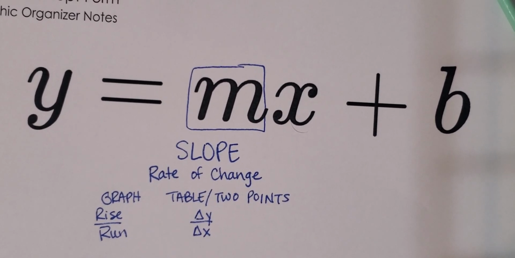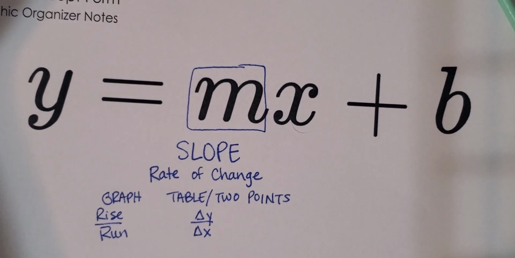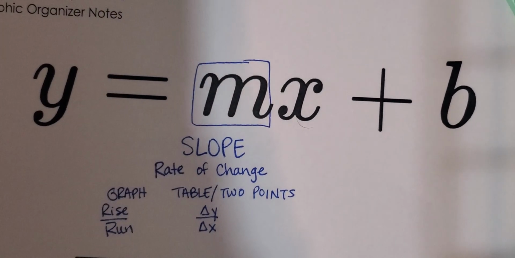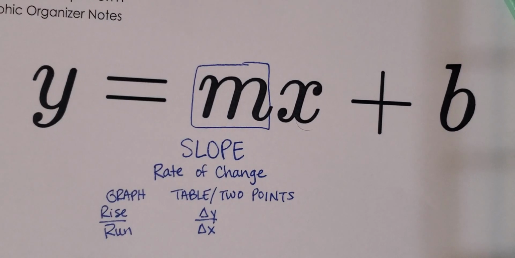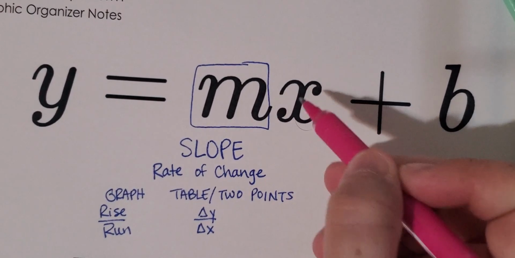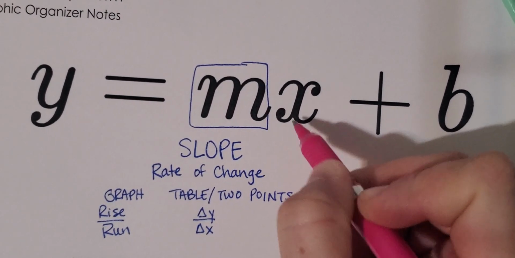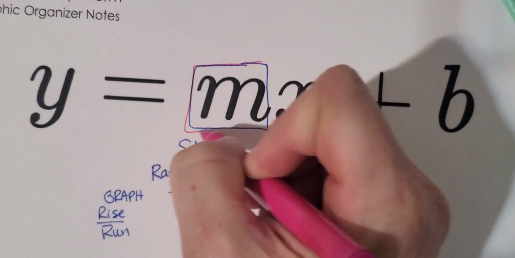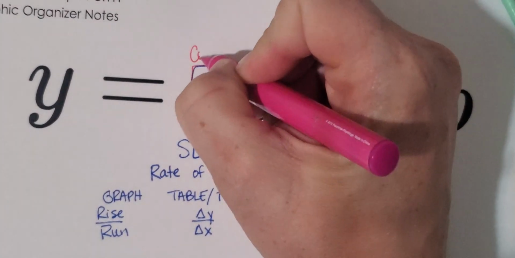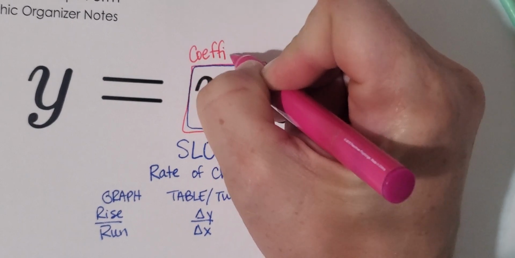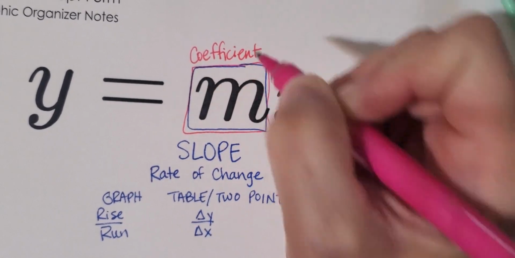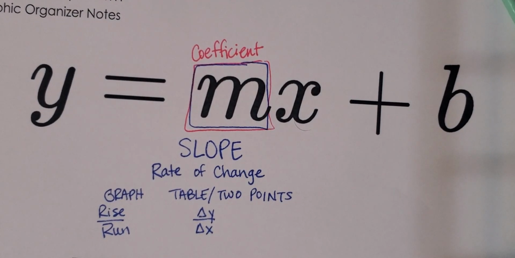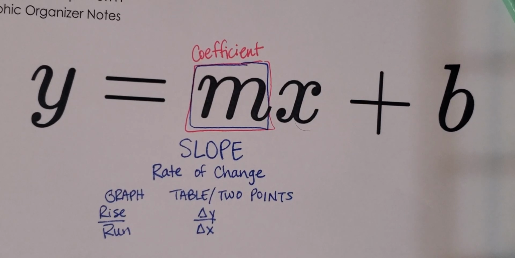This slope is really important that you always put it with your x variable. So anytime that we see our x, it is going to be called the coefficient, which all it means is just the number in front of the x letter.